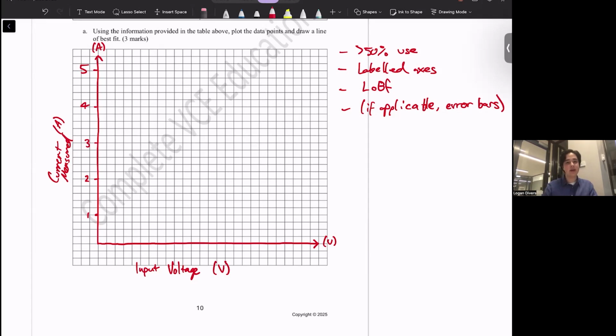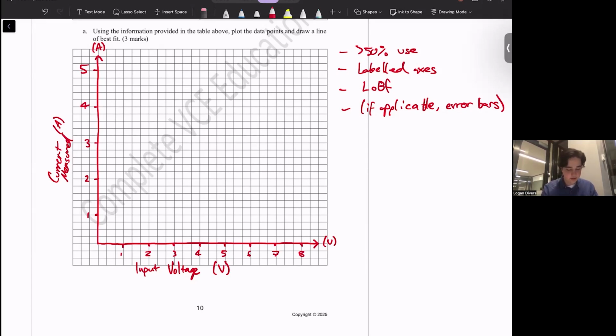Okay, we can do 8 actually, and we'll do 3 squares for each. So that will be 1, 2, 3, 4, 5, 6, 7, and then 8. Now we can plot our points.